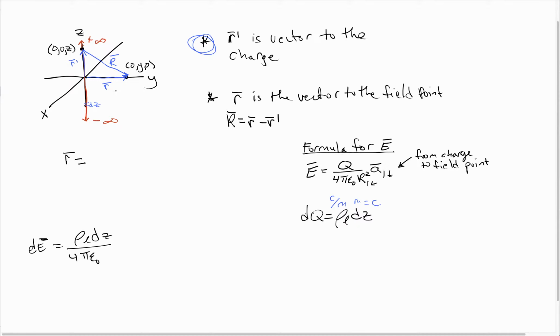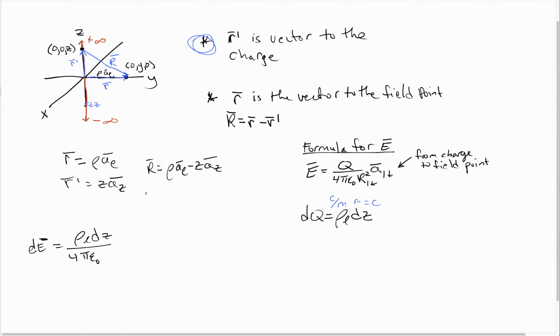At this point here, we could just call this distance rho, and it's pointing in the a rho direction. So rho a rho. And r prime, well, that one's in the z direction, so this is going to be z a z. Okay, and that means capital R is going to be r minus r prime, which is rho a rho minus z a z.